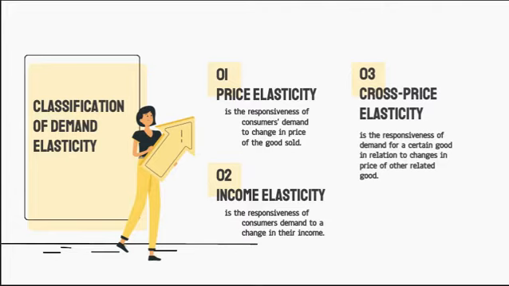Income elasticity is the responsiveness of consumers' demand to a change in their income. And cross price elasticity is the responsiveness of demand for a certain good in relation to change in price of the other related good.